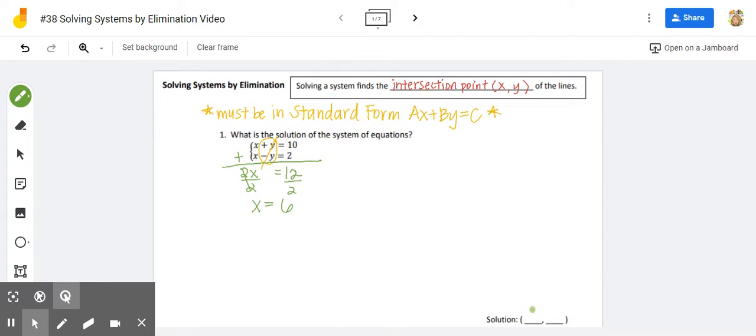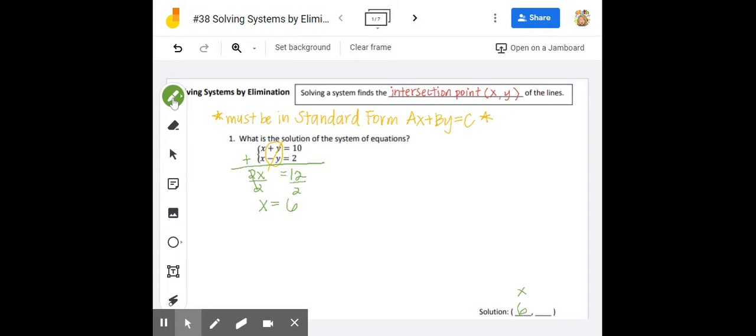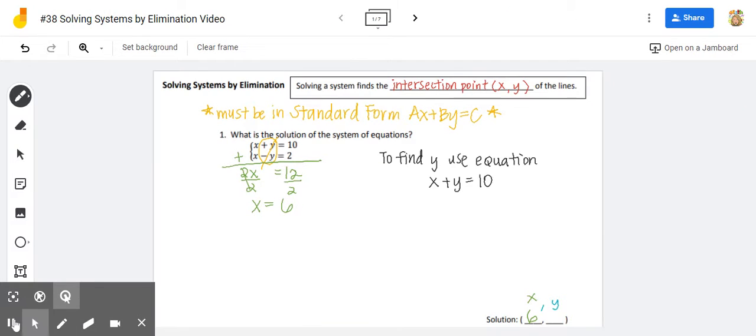So we need to make sure that we get our second portion of our solution, guys. We have our x, but we don't have our y, and that's what I need to find. To find y, we have to use one of the two original equations. Most of you will always use the equation with less negatives, which I don't blame you. It makes less mistakes. So I'm going to use x plus y equals 10, but in place of x, we're literally inserting what we found x to be, which is 6.